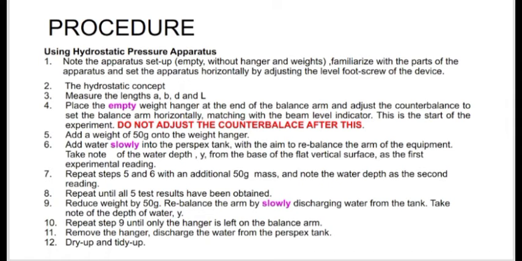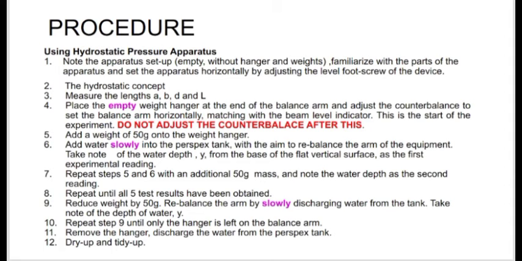Step 6, add the water slowly into the perspex tank with the aim to rebalance the arm of the equipment. Take note of the water depth Y from the base of the flat vertical surface as the first experimental reading.